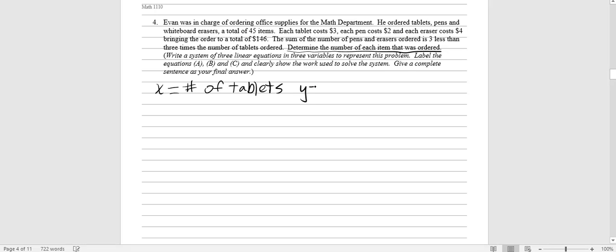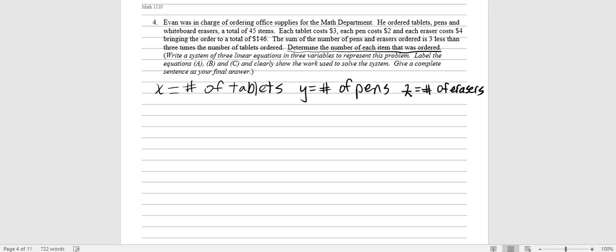I'm going to let Y equal the number of pens, and I'm going to let Z equal the number of erasers. A lot of times if you're not clear on what your variables represent, you can struggle actually writing the equation.